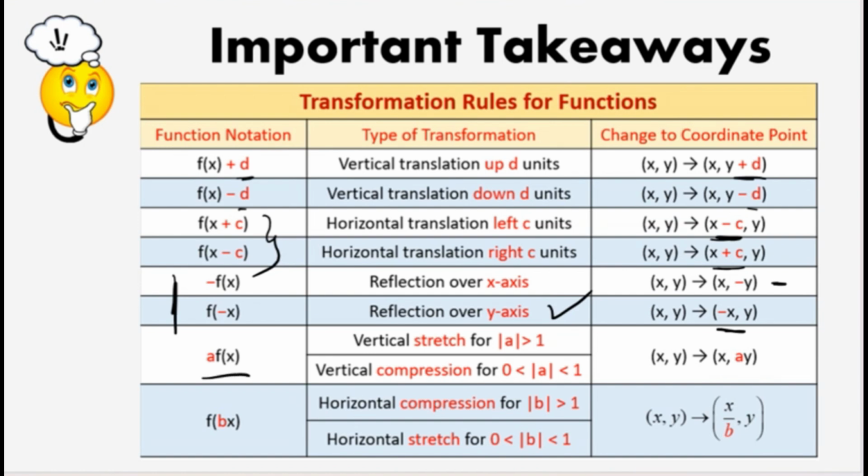A f of x means a vertical stretch by stretch factor a, so your y coordinate will be times a. Whatever the number is, you have to multiply by it. And if the b is inside the bracket, that means horizontal compression, and you have to divide your x coordinate by b. This will be very helpful for transformations.